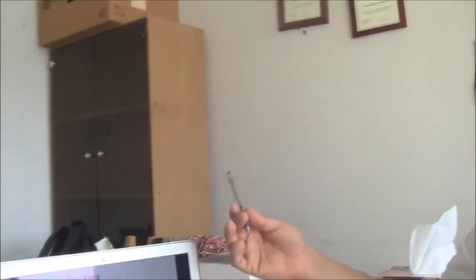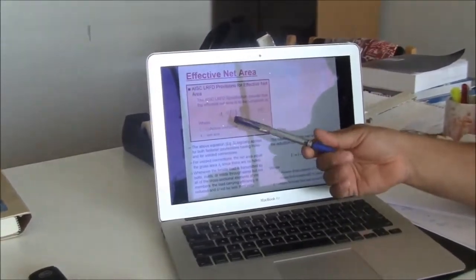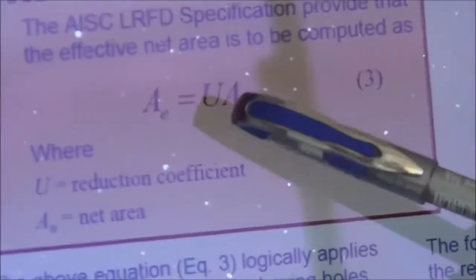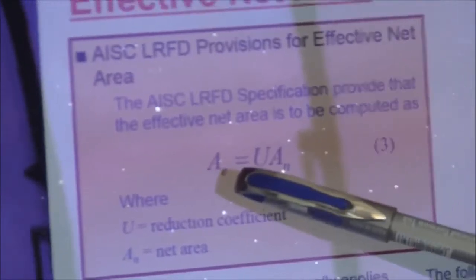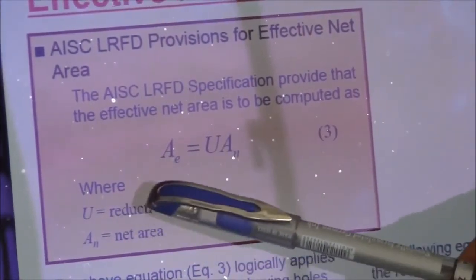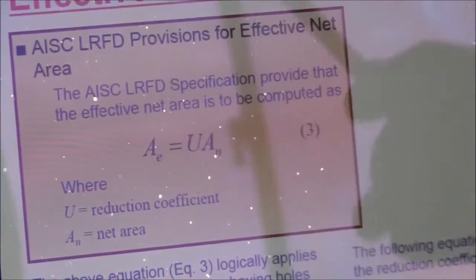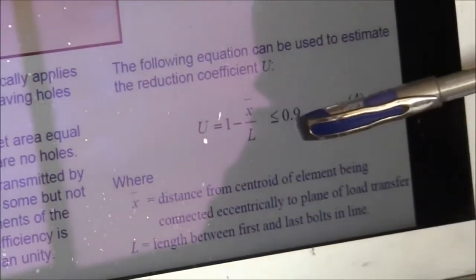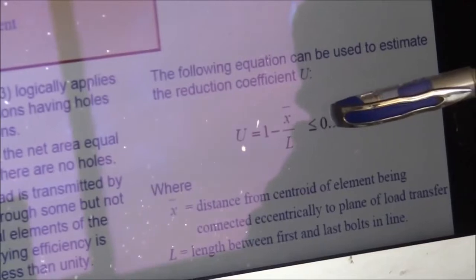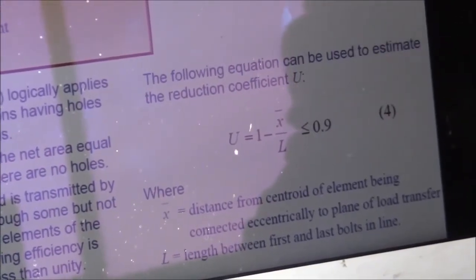Now for calculating the fracture tensile strength, we need A effective, and A effective equals U times AN, where U is the reduction coefficient, also called the shear lag factor. The formula for U is 1 minus x bar over L. Sometimes if you calculate from the equation and get more than 0.9, you can use 0.9.